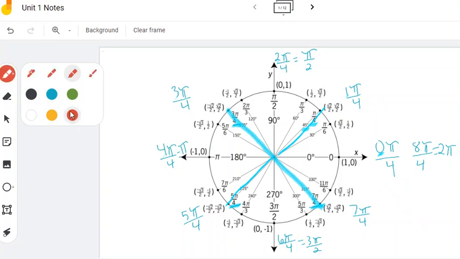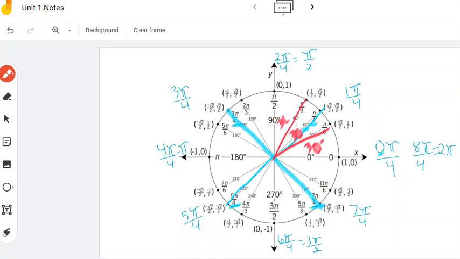All right, now we're going to look at the 30s and the 60s. We'll notice a gap of 30 degrees here, 30 degrees between there, and 30 degrees between there. So we can follow this pattern using pi over 6.